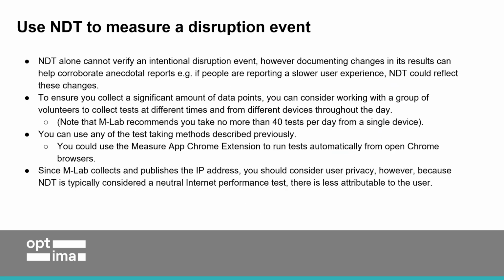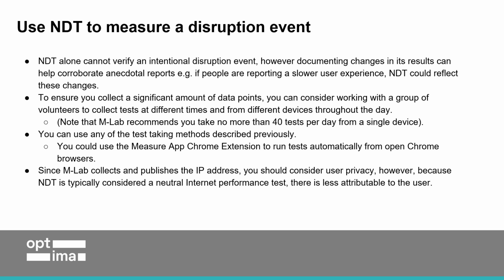So basically what I just said is this first bullet point: NDT alone cannot verify an intentional disruption event, right? That could have been a network outage. We don't know why that test count drop happened, so it can't necessarily say anything about intention. But documenting these types of changes can help corroborate other reports.